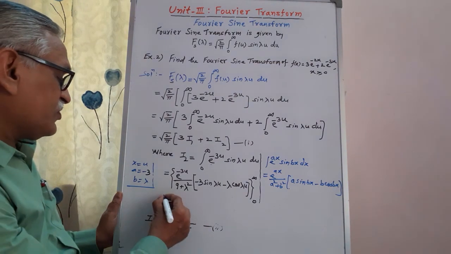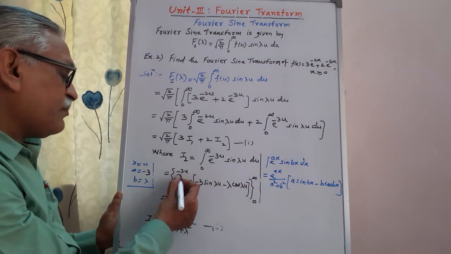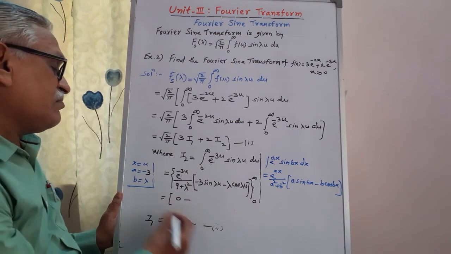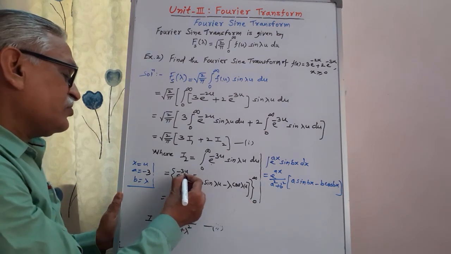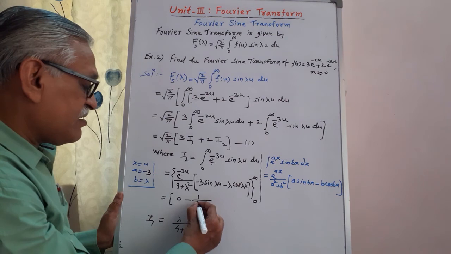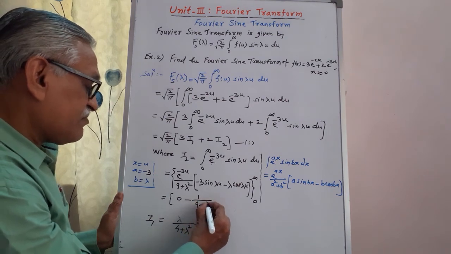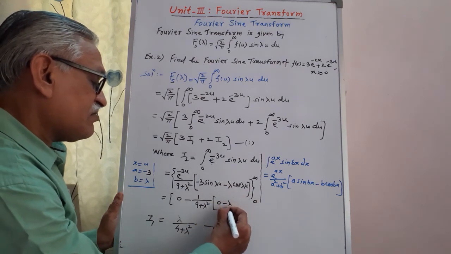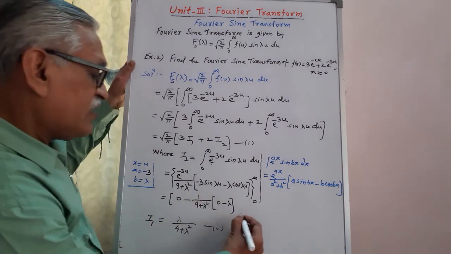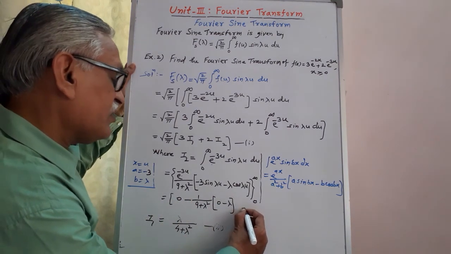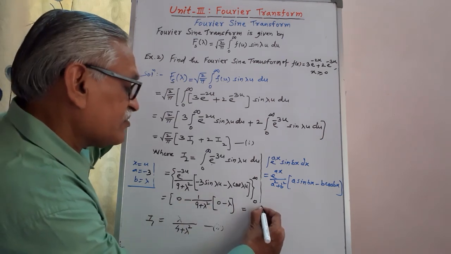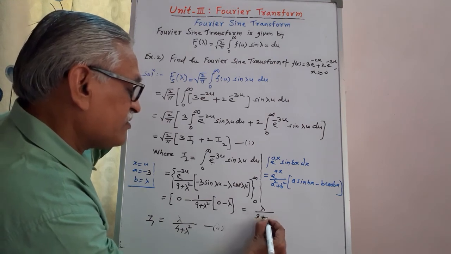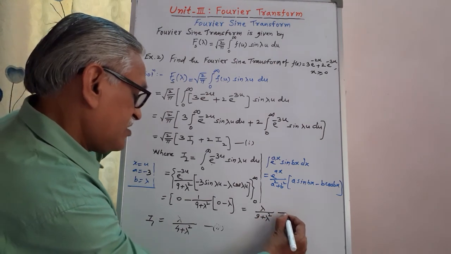Substituting the upper limit, e raised to minus infinity is once again 0, minus the lower limit u as 0, e raised to 0 is 1 divided by 9 plus lambda square, sin 0 is 0, cos 0 is 1. That value is minus minus, which becomes plus lambda divided by 9 plus lambda square, equation number 3.